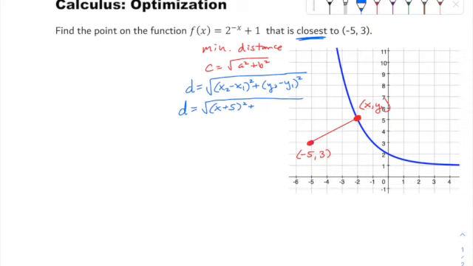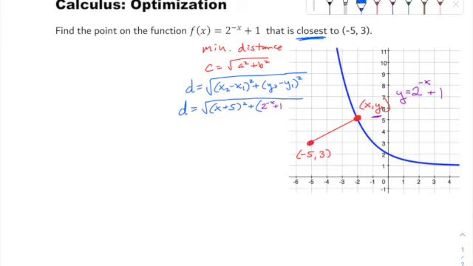So instead of calling this y, remember y is just f of x, right? And what is y equal to on this problem? 2 to the negative x plus 1. So I'm literally going to use the function because that's in terms of x: 2 to the negative x plus 1.